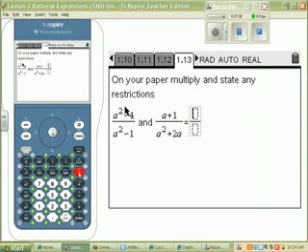Let's look at the numerator of the first fraction. X squared minus 4. This is what we call the difference of two perfect squares. You guys remember how to do that? Give me two numbers that multiply to be -4 and add up to be 0. -2 and 2. So we're going to have x plus 2, x minus 2.